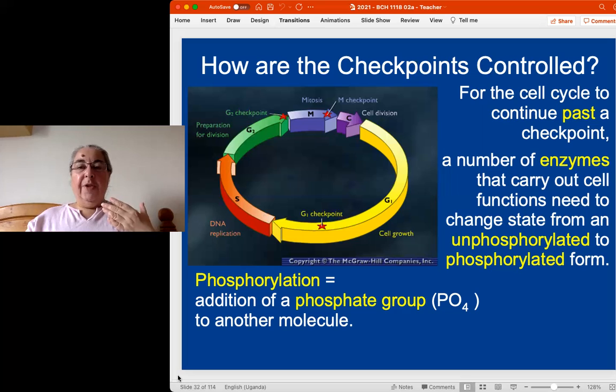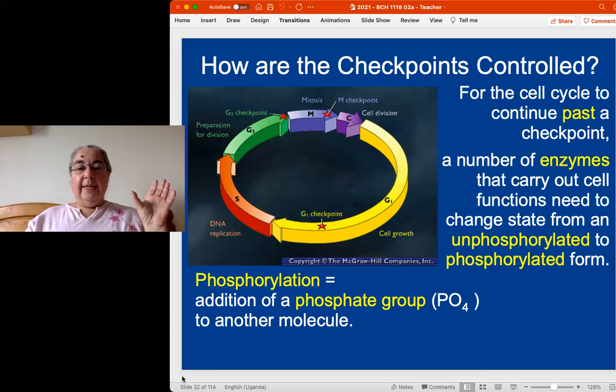So now I hope that you're remembering what you've learned about amino acids and the way that amino acids can be modified. And one of those modifications is that a number of different amino acids can have phosphate groups added or removed from particular amino acids.